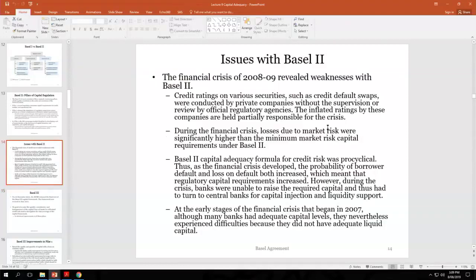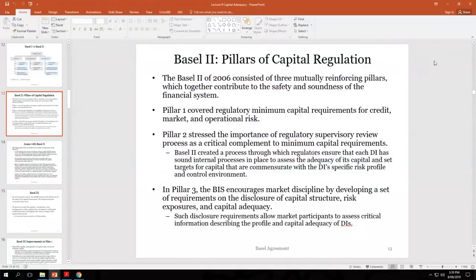Another thing you need to know is that under Basel II as well as Basel III, there are three pillars. The first pillar is mainly about the minimum capital requirements, the detailed rules banks use to calculate their ratios. We will also be primarily focusing on Pillar 1.